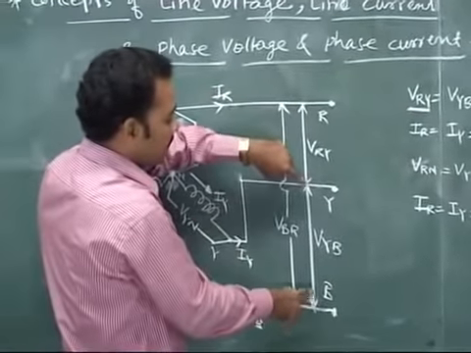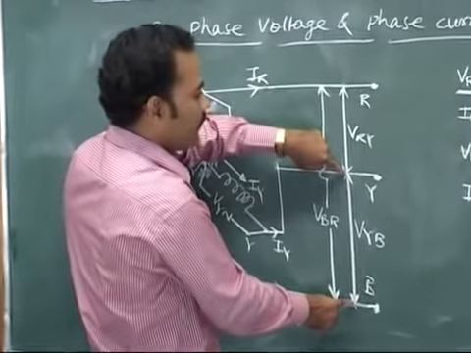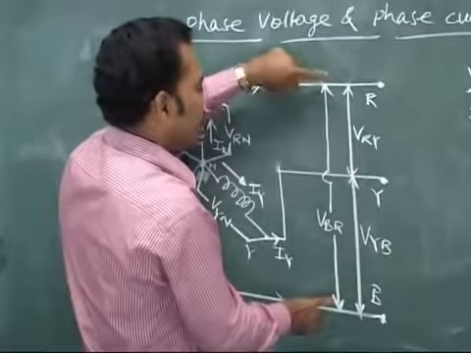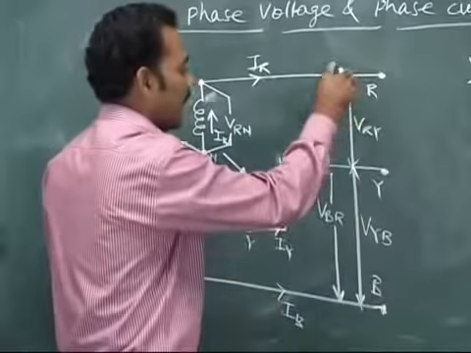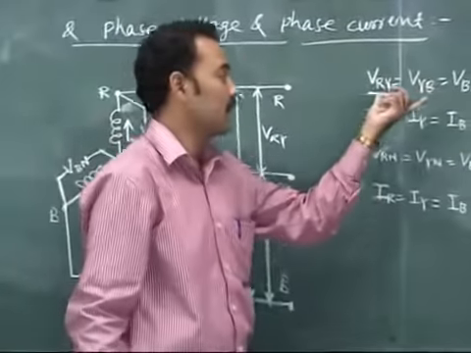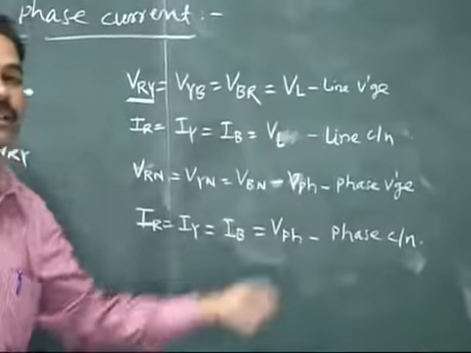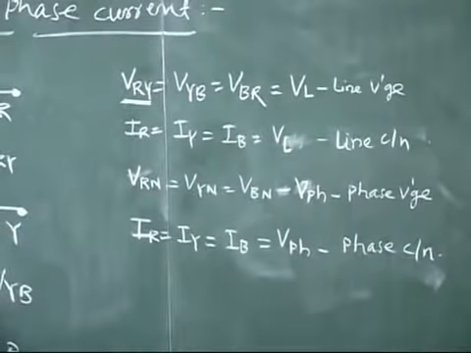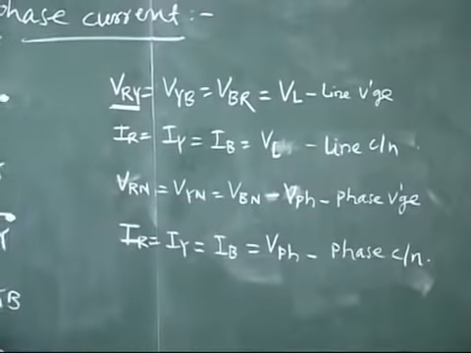Similarly, the potential difference between Y and B, VYB, is the line voltage. And the potential difference between B and R, VBR, is also the line voltage. So VRY, VYB and VBR are all called line voltages. The potential difference between two lines is called the line voltage.